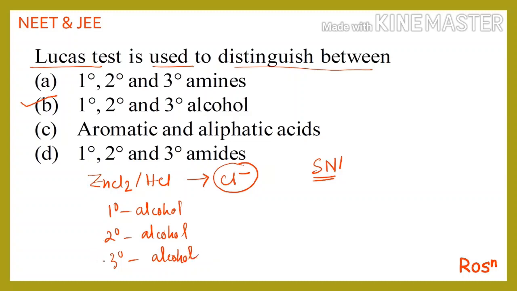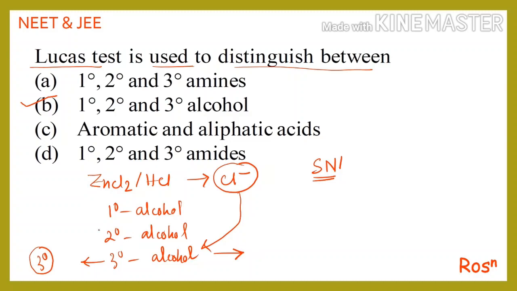Now the 3 degree alcohol produces the 3 degree carbocation, which is more stable and formed more easily, and then Cl minus ion attacks. Okay, so here the turbidity is formed instantly.